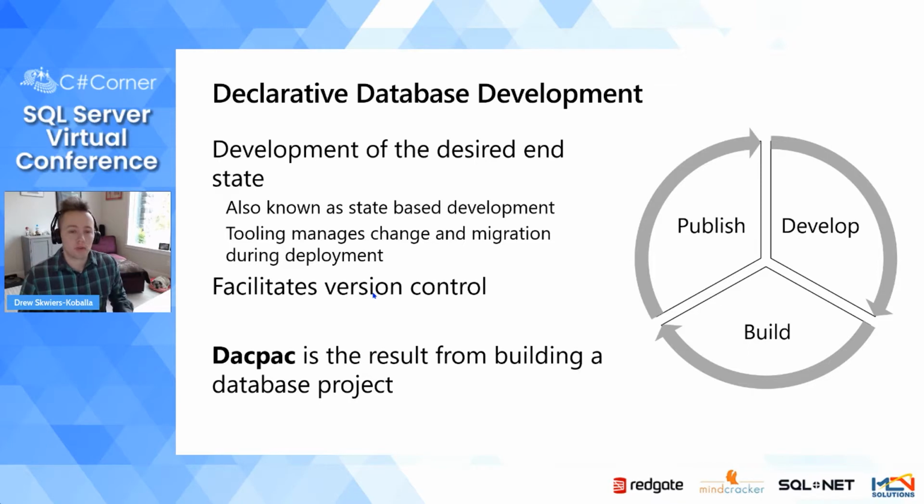You do not have to worry about writing an alter table statement. You just write the create table statement for the table that you want. This is also called state-based development because it's just a final state. The tooling that you use has to manage the change or the migration during deployment.